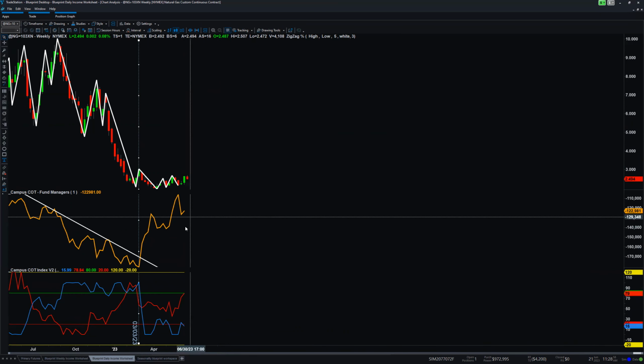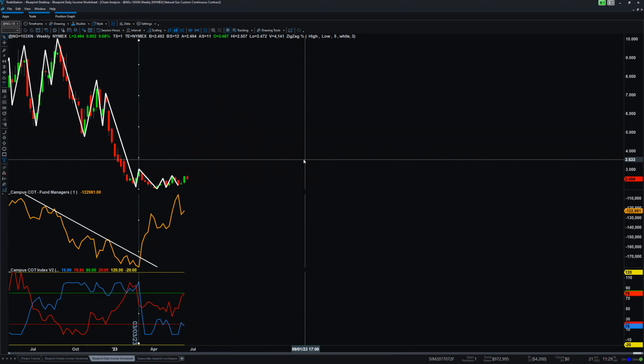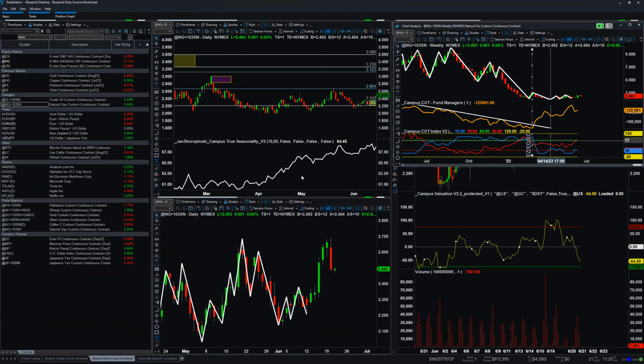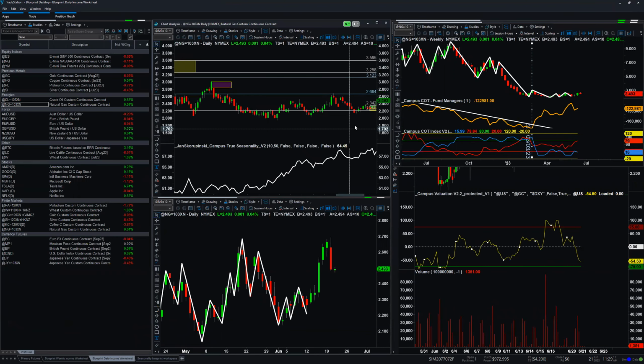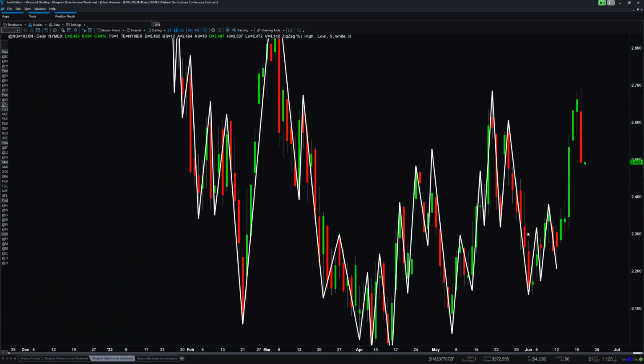The retailers buying now may mean that we get another pullback lower. However, that pullback lower we should use as a buying opportunity because the true seasonals are going to be very, very bullish here very, very soon. Let's look at the daily trend here.